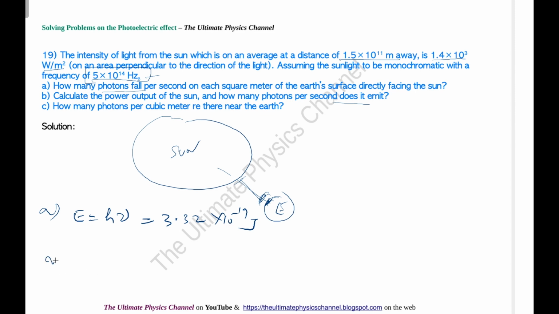Now the number of photons we have to calculate per second.